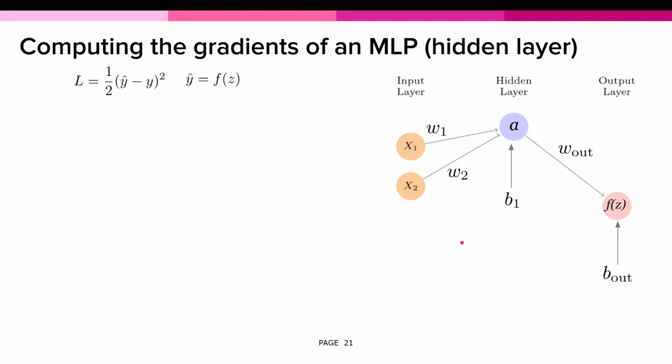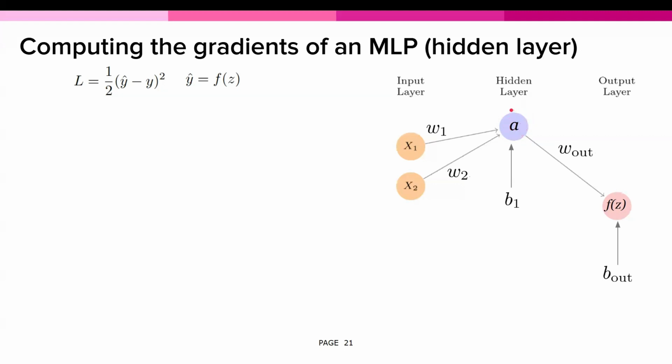Okay, so let's now consider the case that we're actually interested in, where we've got a slightly more complicated network. We've got a multi-layer perceptron where we have a set of input features being projected to a hidden layer through some intermediate set of weights, W1 and W2, and to which we're applying a bias to get our activations that we'll call A. And these activations A are going to be the outputs of this hidden node using a nonlinear function that I'll get to in a second.